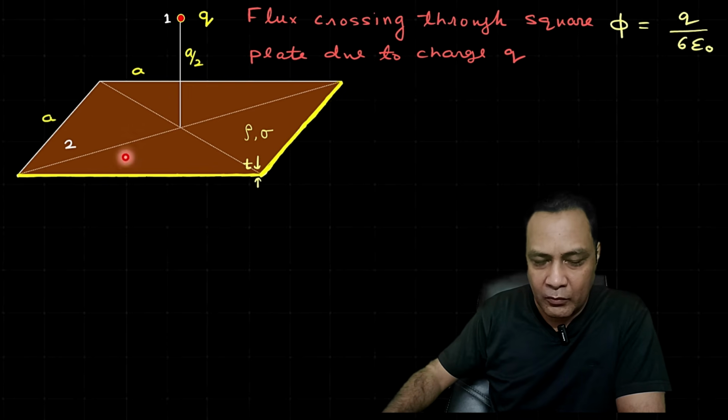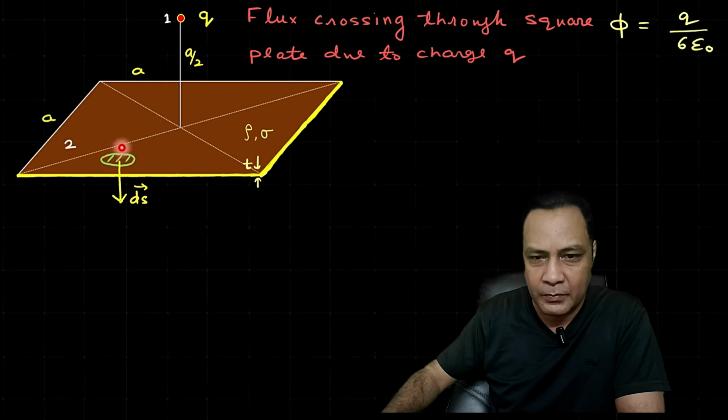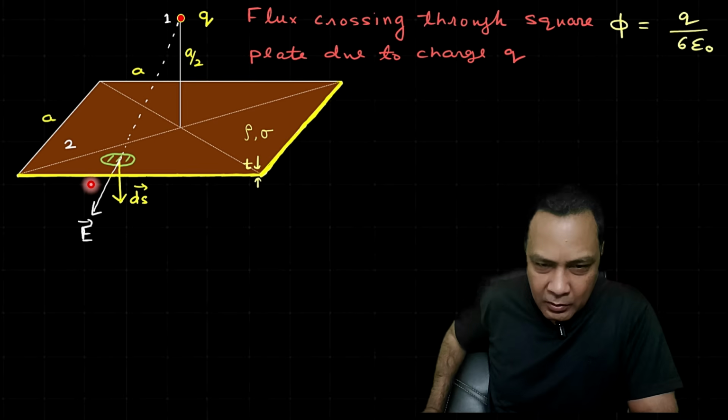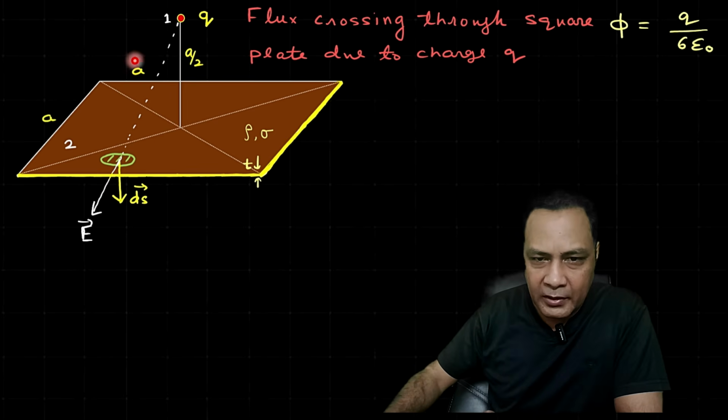Now I want to take some little part on this surface. Suppose I have taken a small area ds, and obviously the direction of ds is downward, so that is the ds vector. The electric field because of this point charge at this point is the E vector, and suppose this angle is theta.